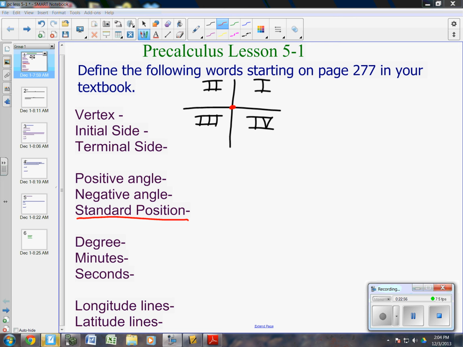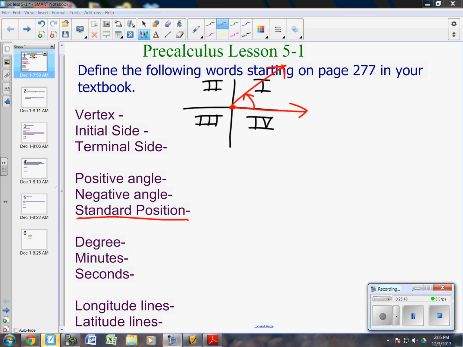The initial side is always on the positive x-axis. Did you learn that in your definition? If you didn't learn that, you ought to write it down. And the terminal side depends on whether you have a positive or negative angle, but we'll talk about that in a second. But the terminal side is where you end up if you turn from the initial side up to something. That side where you end is called terminal side.